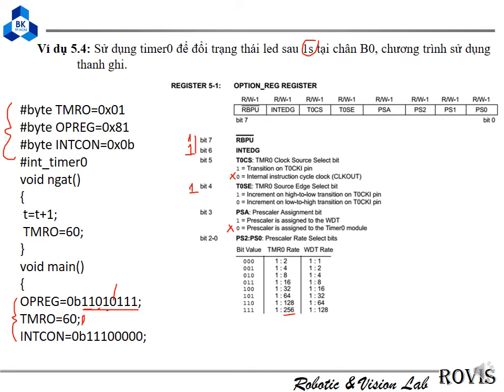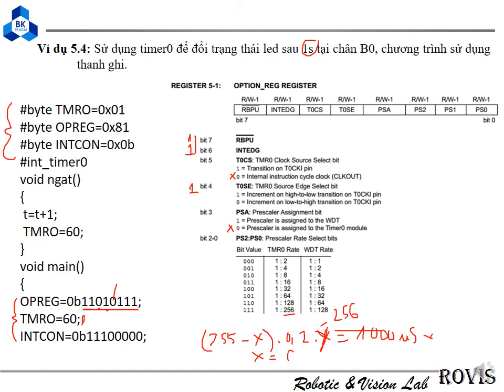The equation is (255 minus x) multiplied by 0.2, multiplied by 256 equals 1000 microseconds, and here we are using 1000 microseconds.